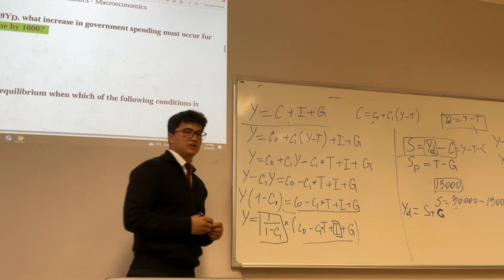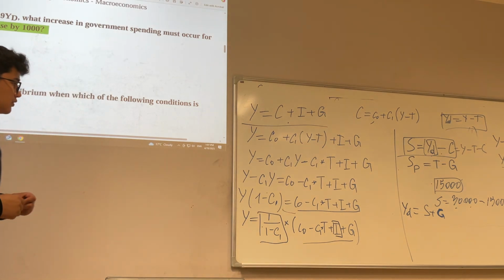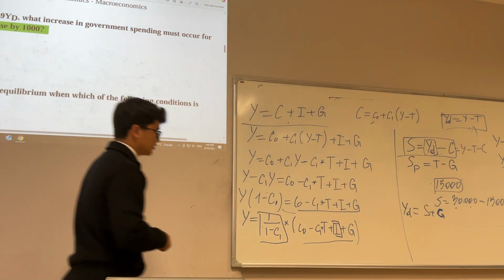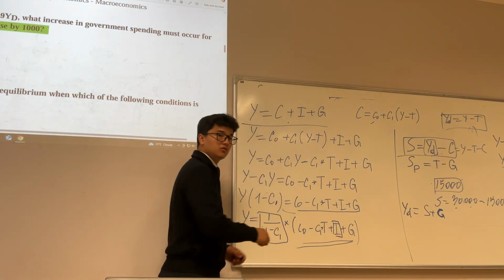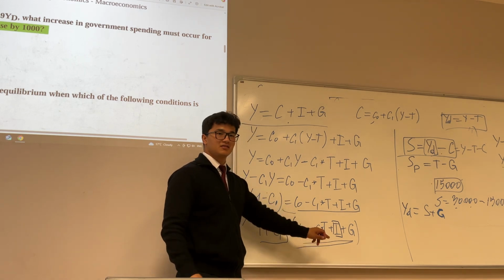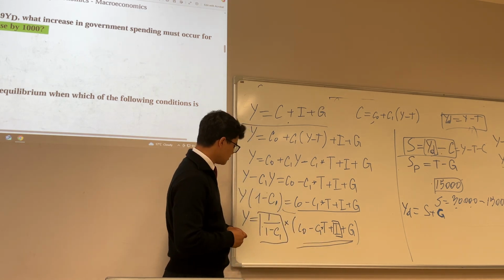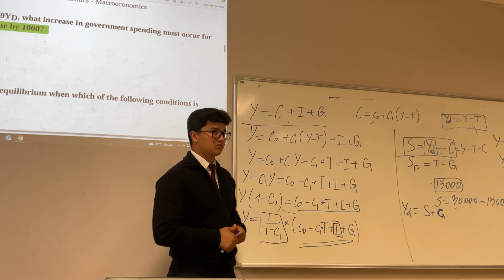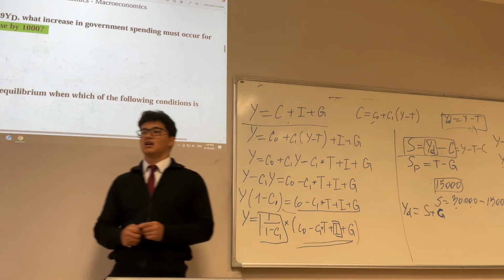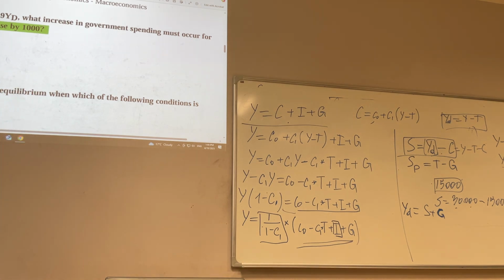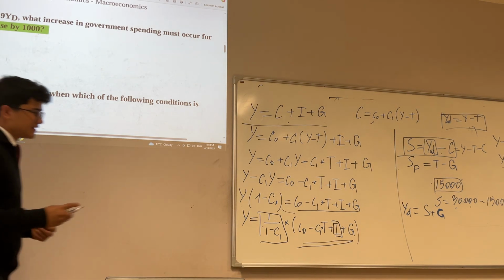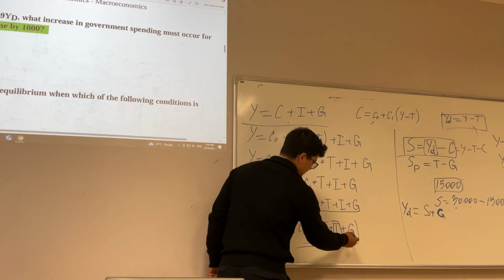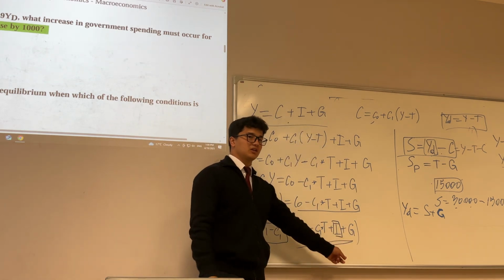What about autonomous consumption, C0? Could it be the same? No. C0 is not a ratio, it will not be like this. Just know that they can say government spending or investment.